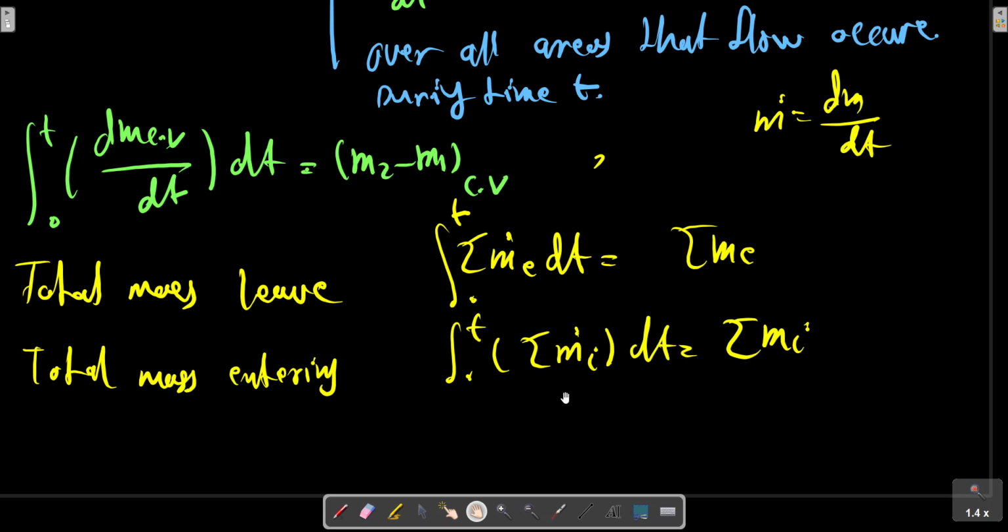Therefore, for this period of time t, we can write the continuity equation as this relation. Here we have the left hand and right hand sides of the continuity relation with this integration.